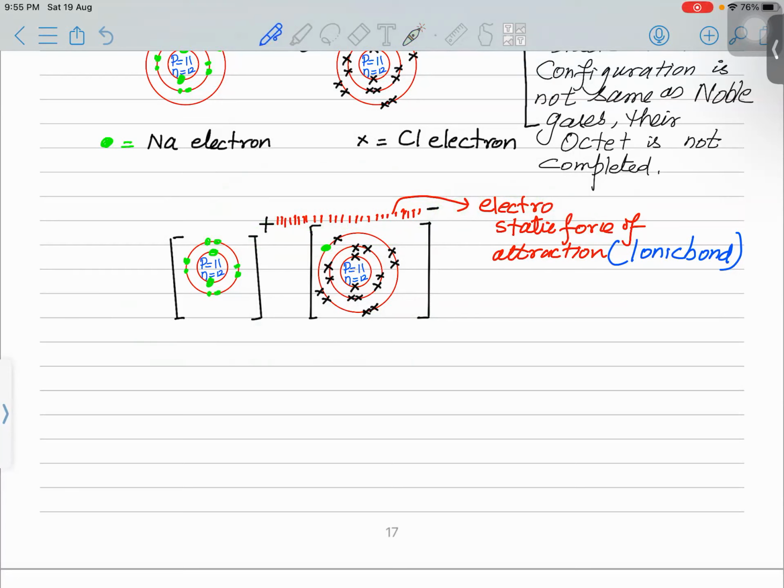So look at the diagram again. Now I am showing only the valence electron.